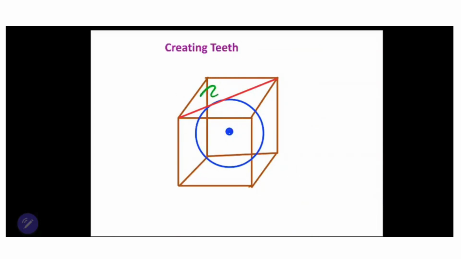Now once the force cube is created, we know that the nucleus is created and then the sphere is also created. Then this sphere is split. Sphere is split when creating the teeth. How does it split?